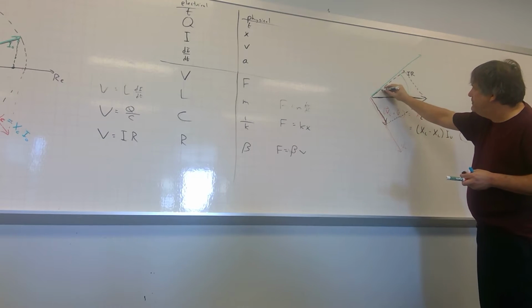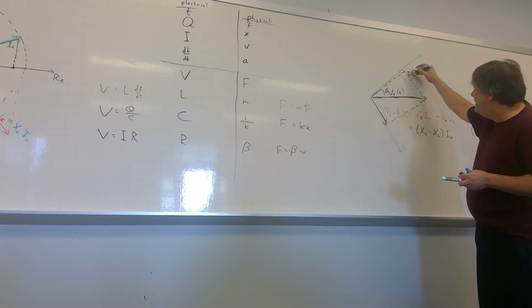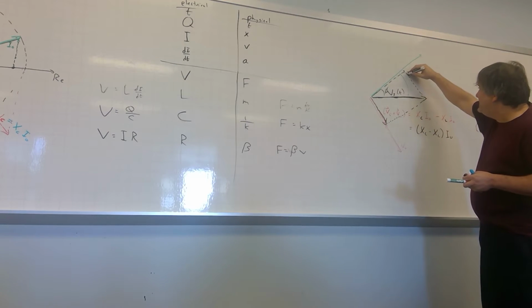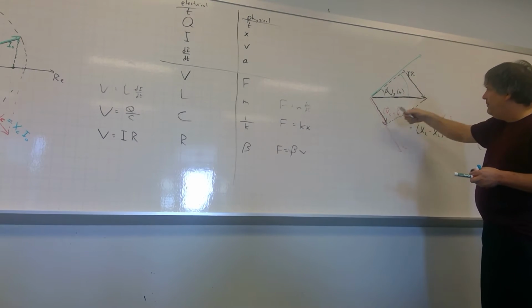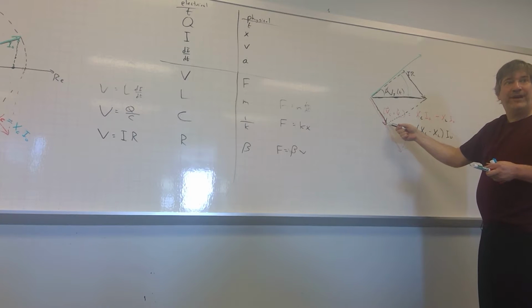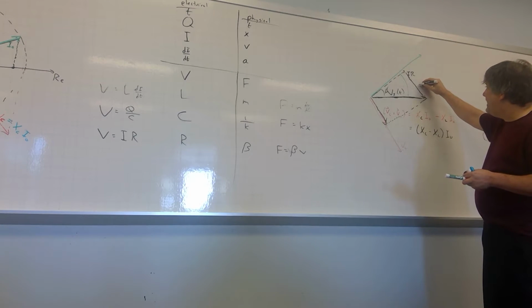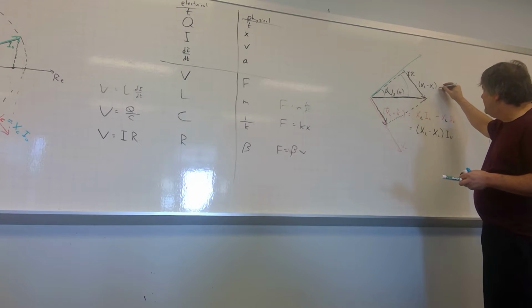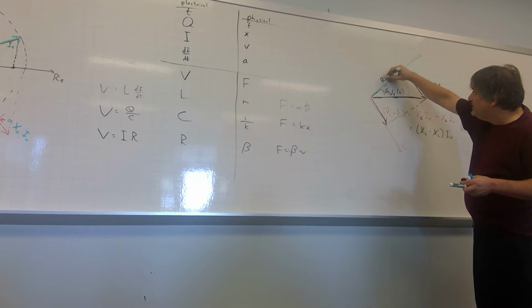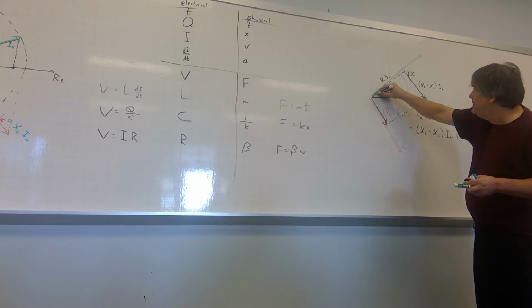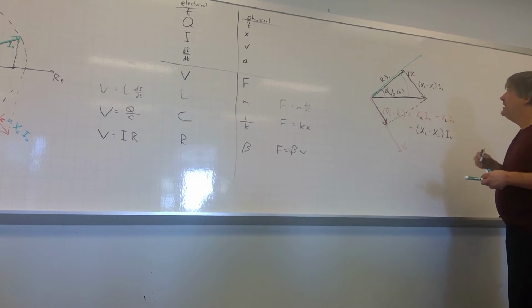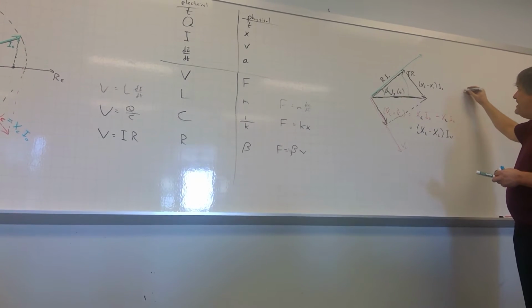Well, I could find the phase lag by doing this. I could say this side of the triangle matched this little black vector I drew over here. This side of the triangle is capacitive minus inductive impedance times I naught. This side of the triangle is the resistance times I naught. So how big is that phase lag?